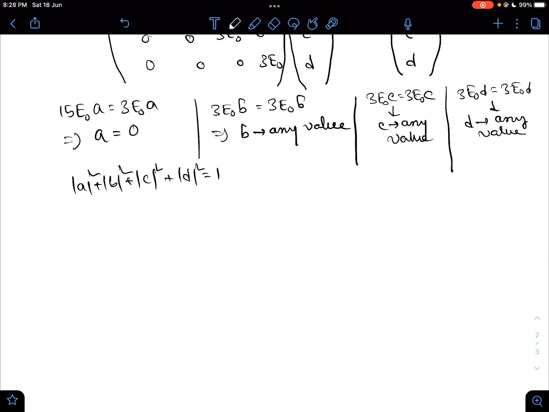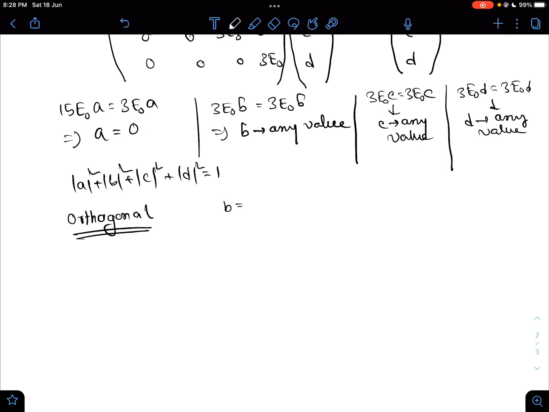First, we need two conditions: the eigenvectors are normalized and also orthogonal. From the orthogonality condition, suppose we take these three sets of values: B is 1, C and D are 0; B is 0, C is 1 and D is 0; and another set where B and C are both 0 and D is 1.